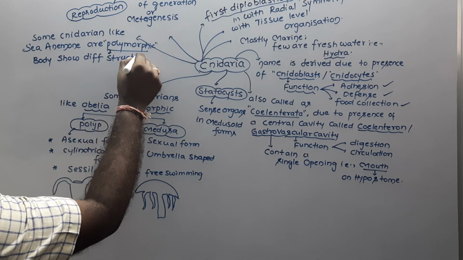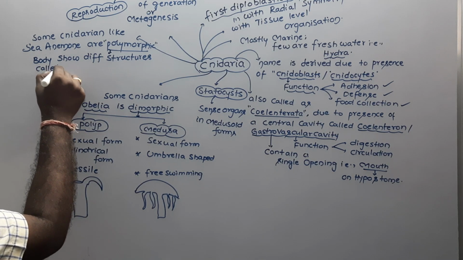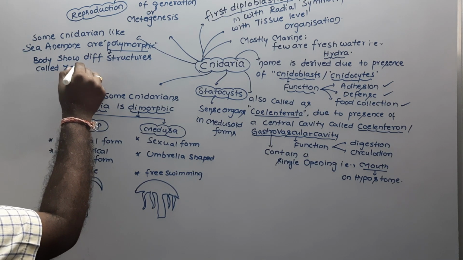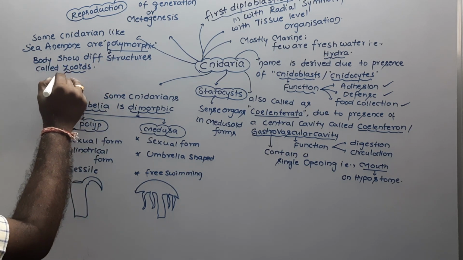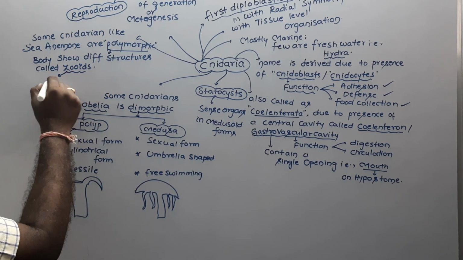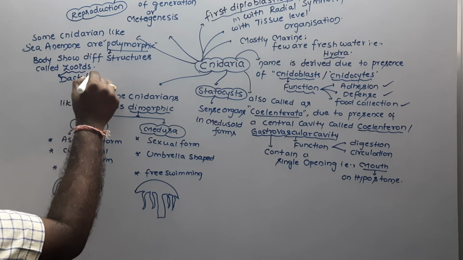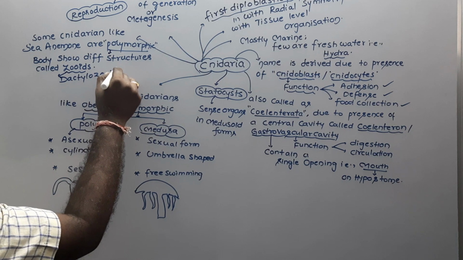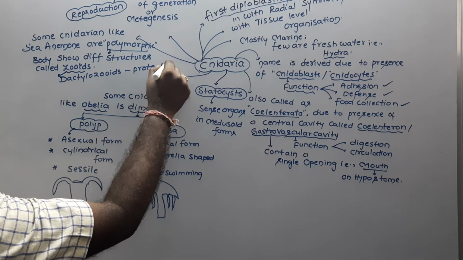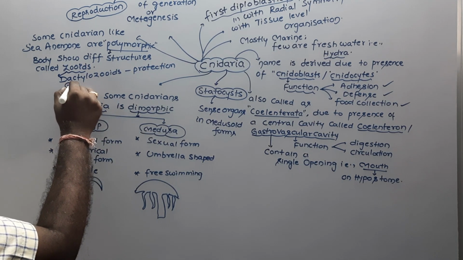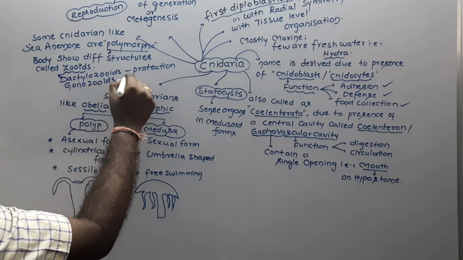Sir, what are the different structures present in the body called? Zooids. The body shows different structures called zooids. Some of the zooids are meant for protection, called dactylozooids, which have the tentacles. Some zooids are useful for reproduction, called gonozooids.